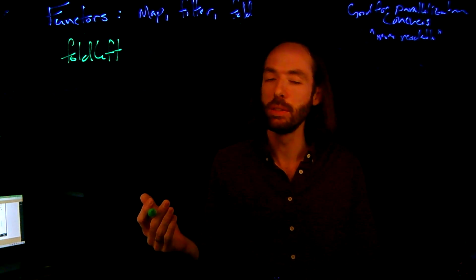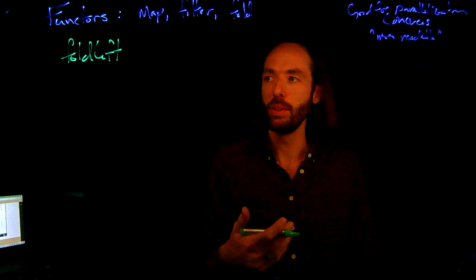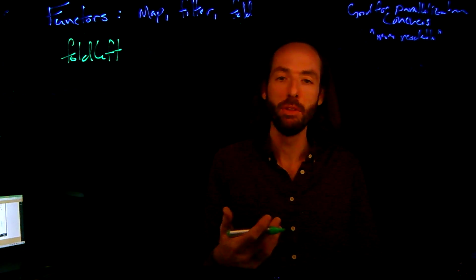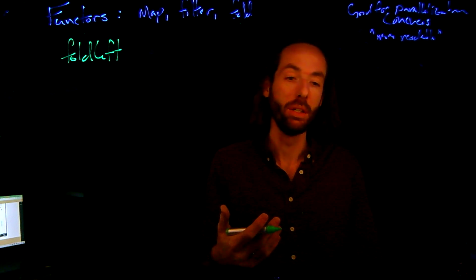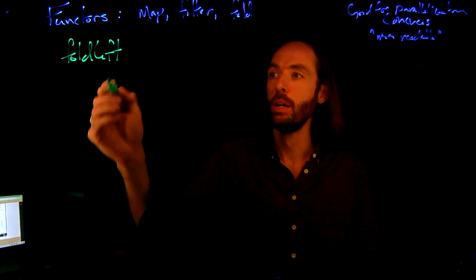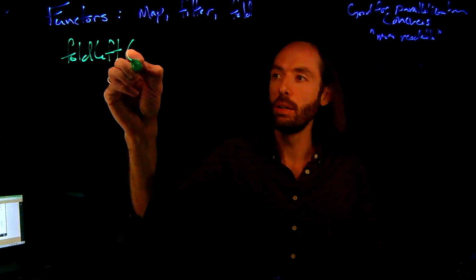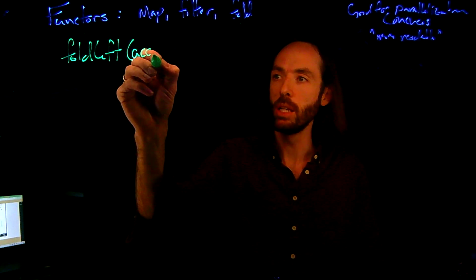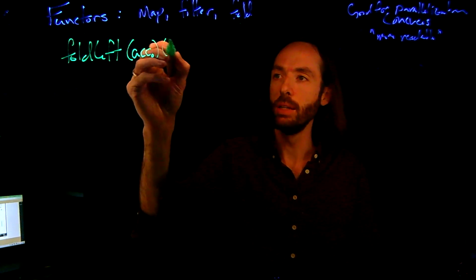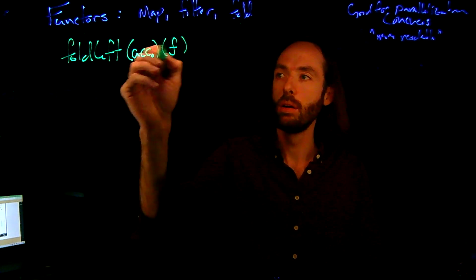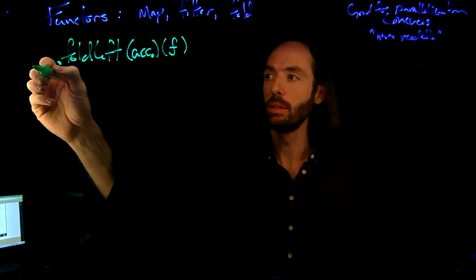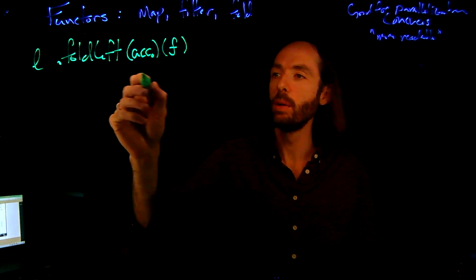Fold left is an accumulator function, right? So this is more like the Fibonacci sequence that we saw, or the factorial function that we saw. Where fold left, it's in this form. It takes an accumulator, and it takes a function, and we apply it on a list. And what does it do?